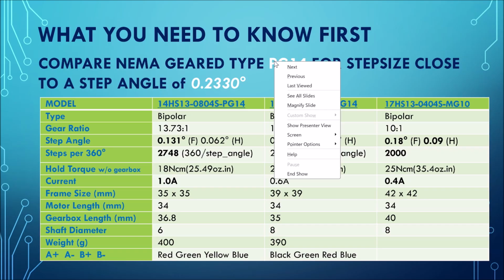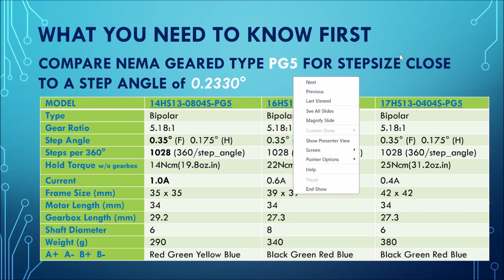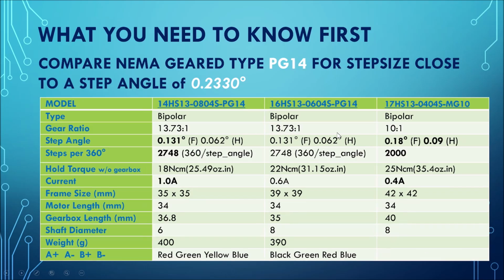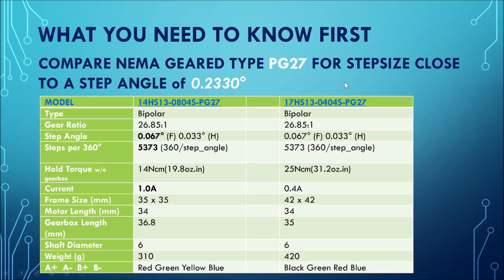Let me just go back and have a look at the PG5. The PG5 was 0.3, whereas the next one is 0.8. So this one would be closer to the value that we want. And last but not least is also the PG27. You can see the step angles are getting quite small now.